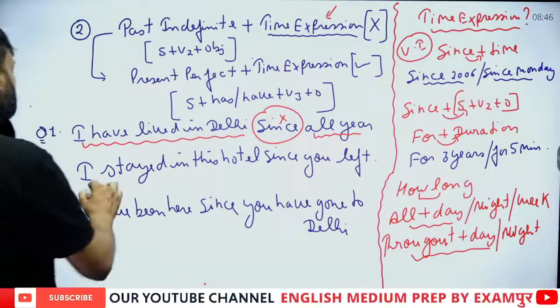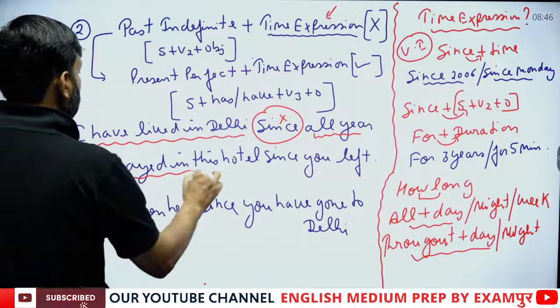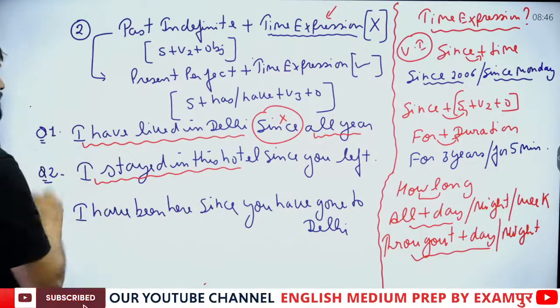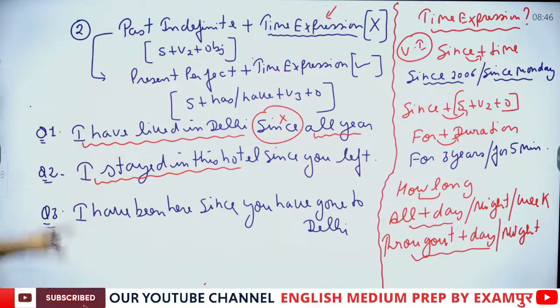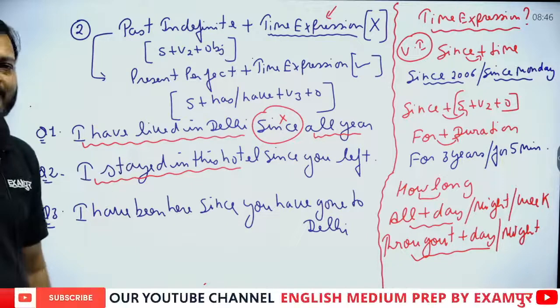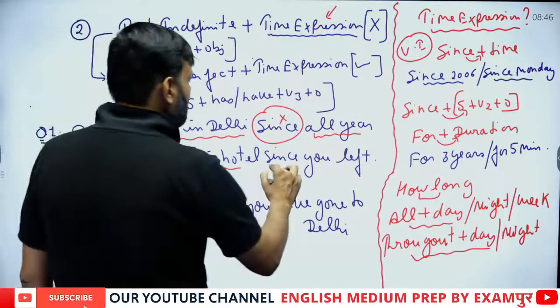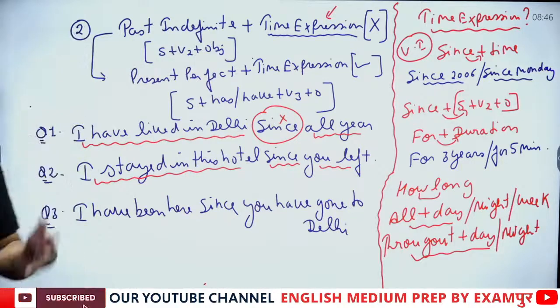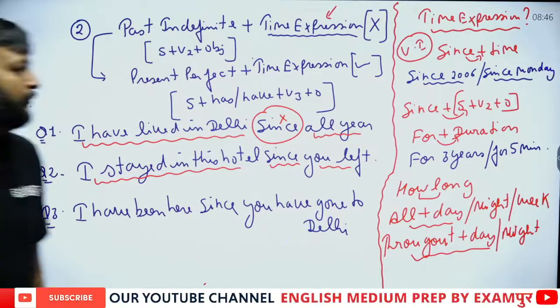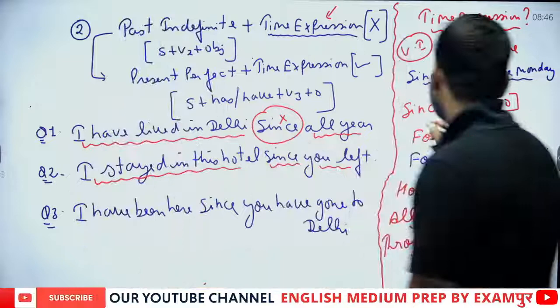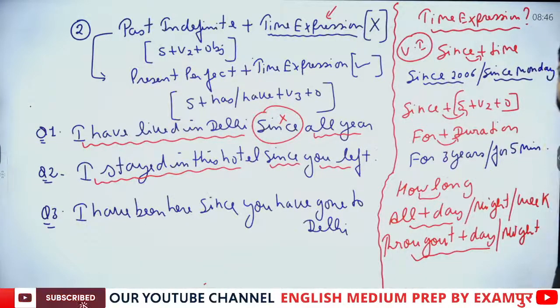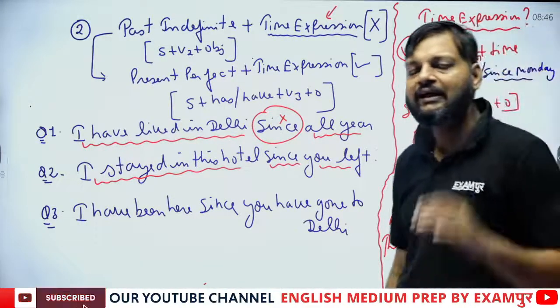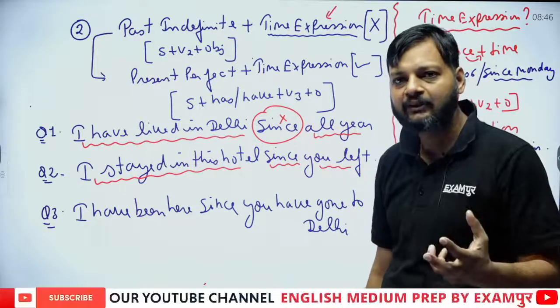Now second sentence, I stayed in this hotel. This is past indefinite. Subject and second form. This is past indefinite. And here we have since plus past indefinite. Since you left. So since plus past indefinite is also a time expression.